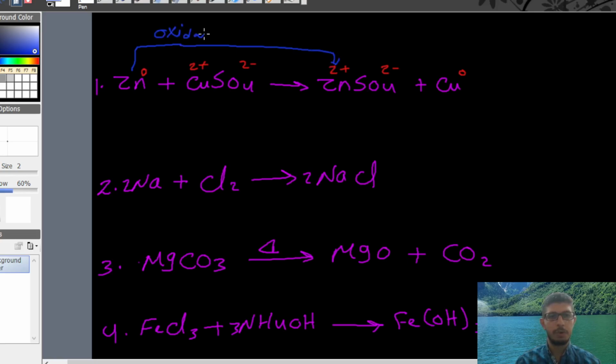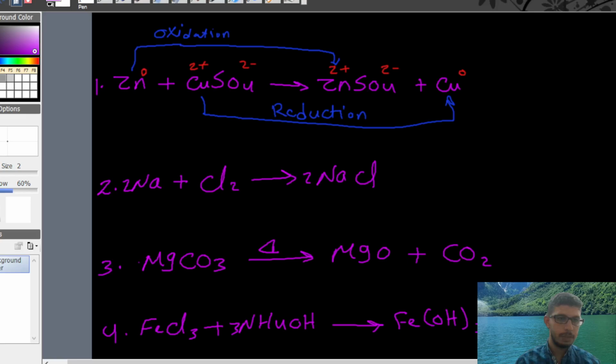So oxidation occurred, loss of electrons happened, right? So let's see what happened to the copper. Copper 2 positive became copper 0. So reduction has occurred, right?